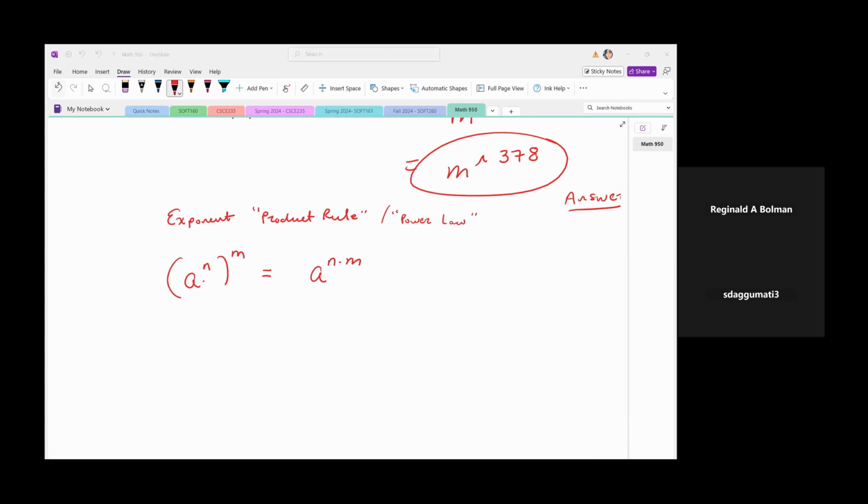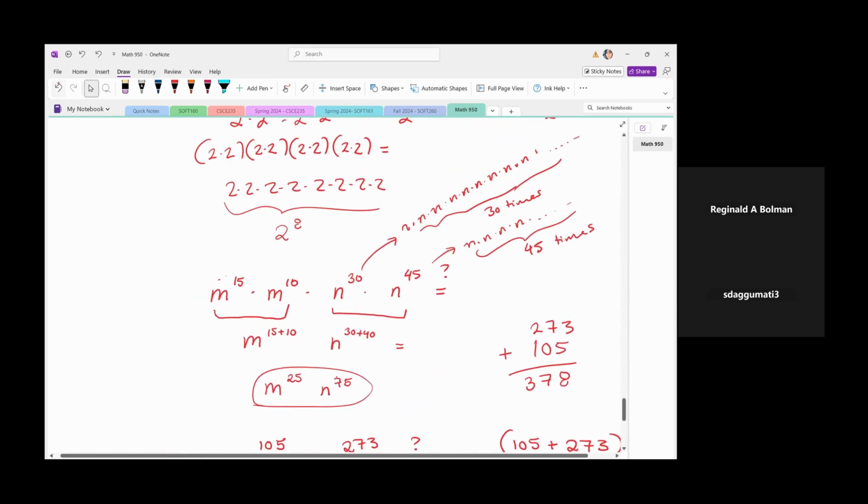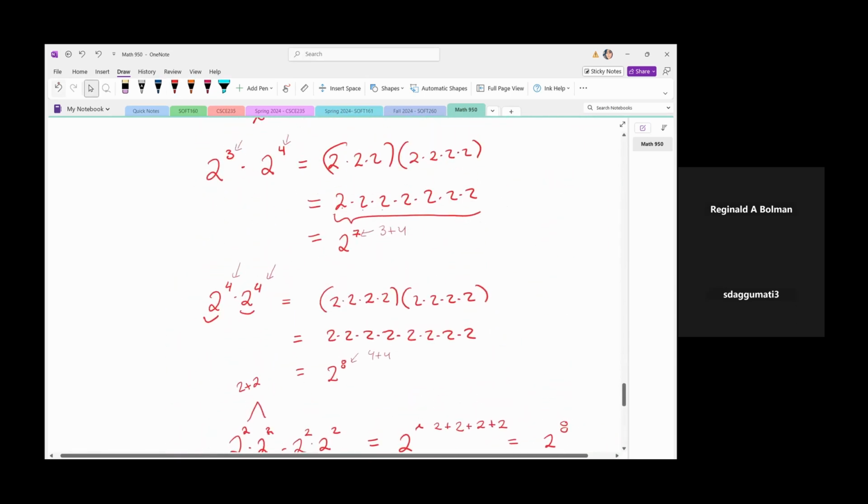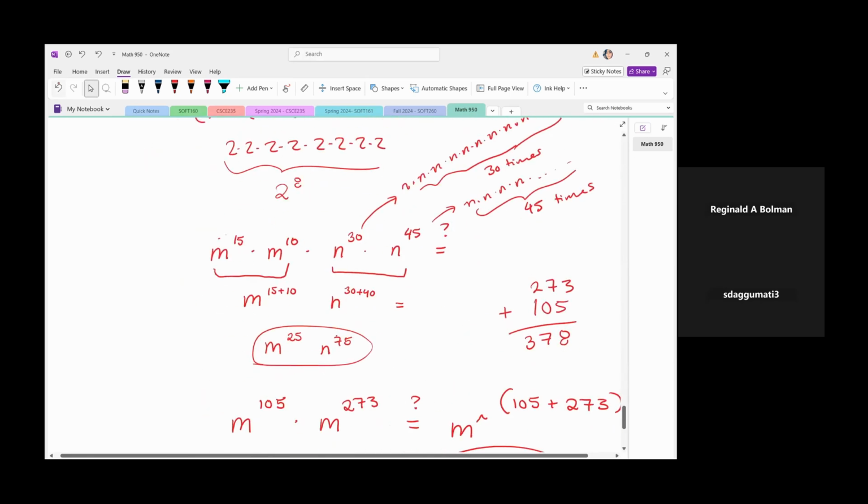So for example, if you have 2 to the third and you raise it to the fourth power, all you have to do according to the exponent product rule is you take the base number, which is 2, you raise it to the power of 3 times 4, which gives you 12. Now, the reason for this happens to be related to what's actually going on with the exponent addition law.